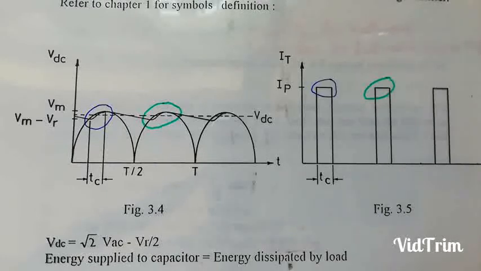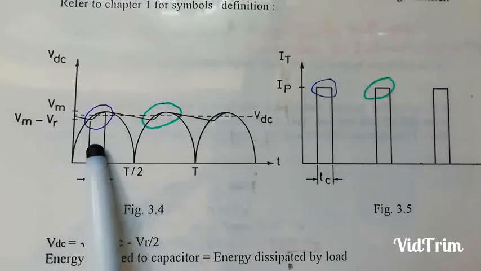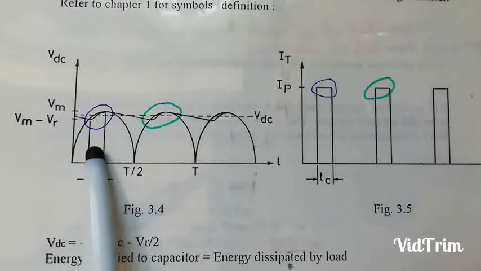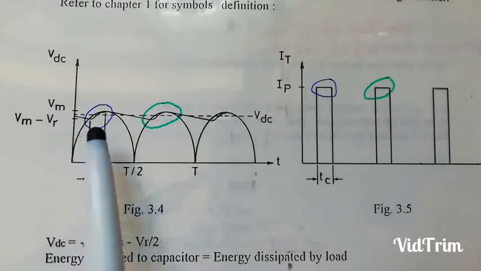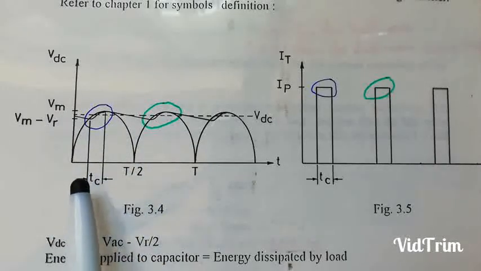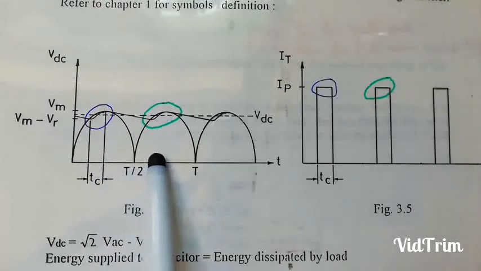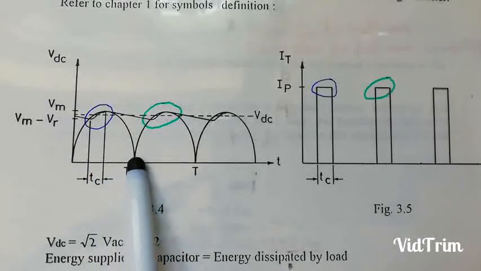What's the idea behind the subject? When you are using a cap as a storage element, you have to charge that cap in a very short duration. So actually the transformer is not doing anything between this point and the starting of the new point. Okay, it's not doing anything.